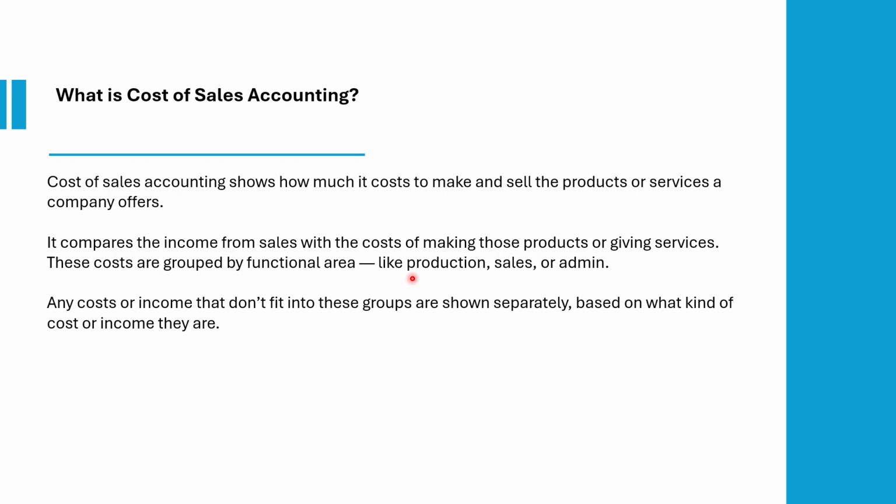But all direct costs related to the goods procured or produced and sold, or services which the company offers, are grouped by functional areas like production, sales, admin, and other functional areas, so you can create your own. Okay, so that's all about cost of sales and cost of sales accounting. In the next video we will talk about functional areas.